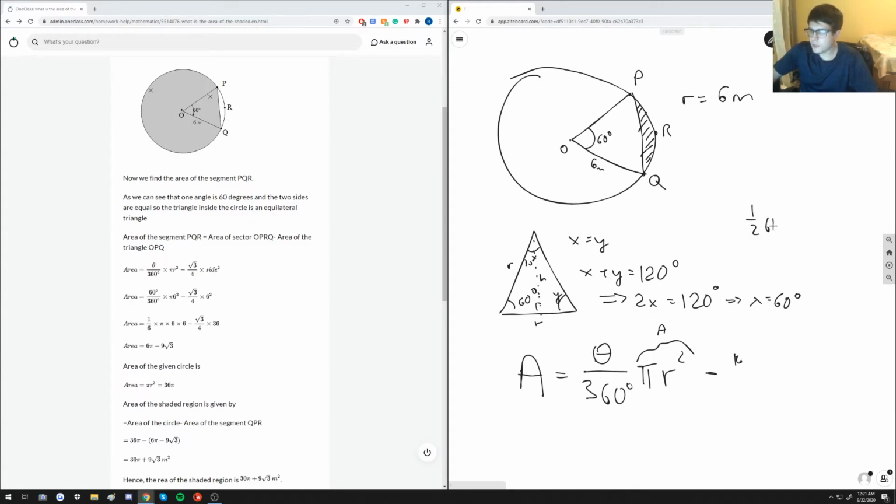The base here is our radius, times 6, and our height, sorry, my bad, so sine of 60 degrees is equal to our height divided by our radius. The sine of 60 degrees we know is radical 3 over 2, so sine of 60 degrees times our radius, which is 6.